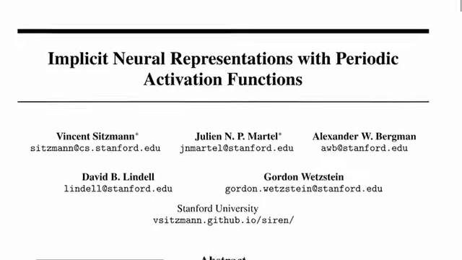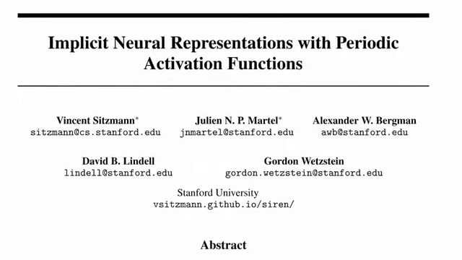Essentially, what they're doing is representing signals such as images or sound, or generally waves or point clouds. They're representing these signals as functions mapping, for example, from their coordinates to their values, and we'll see what that entails.